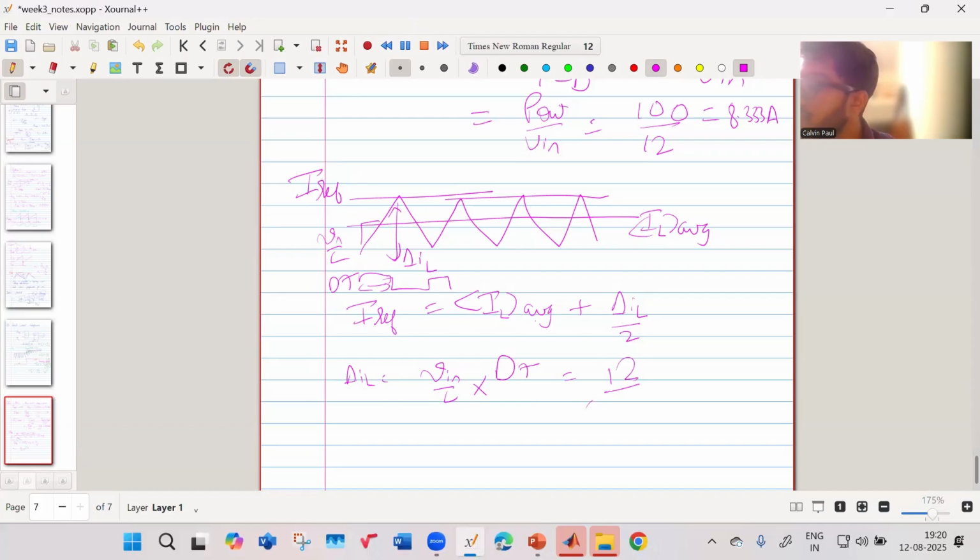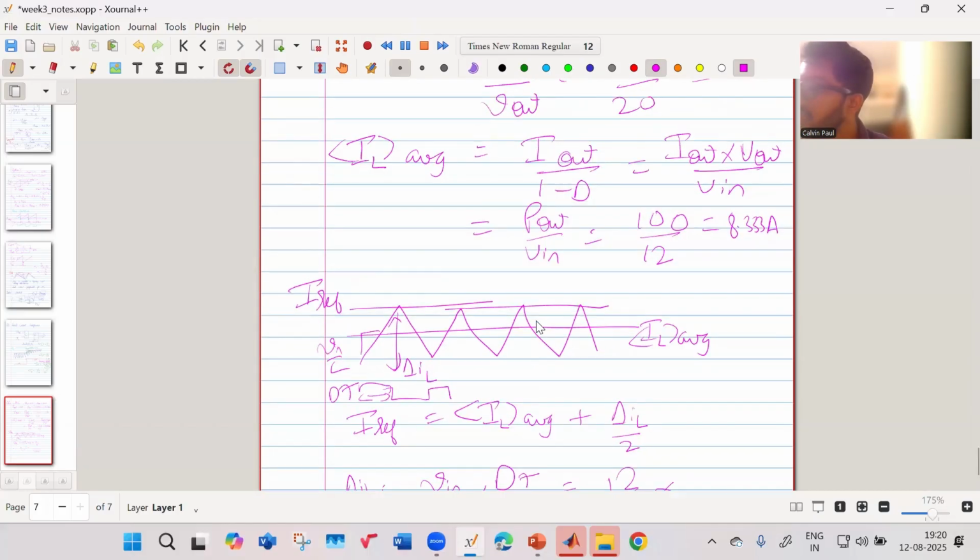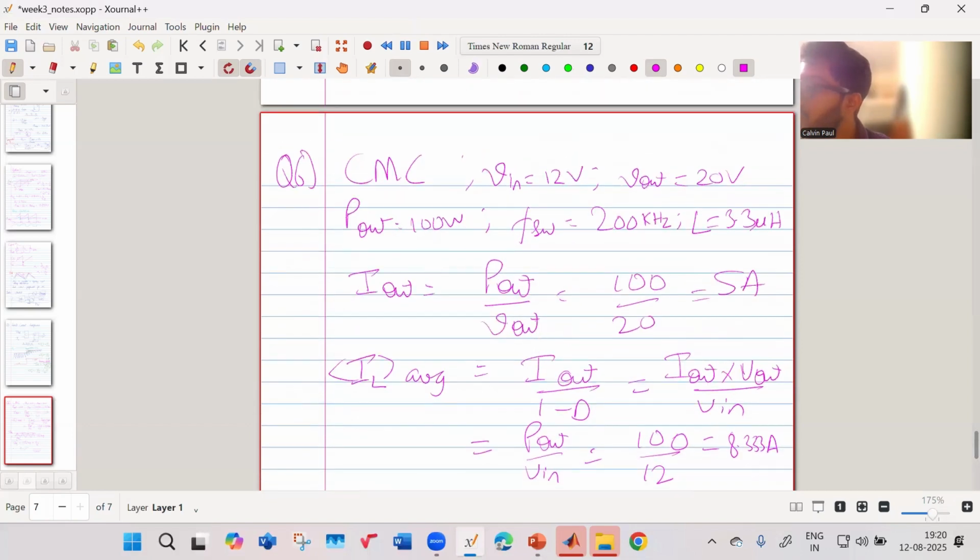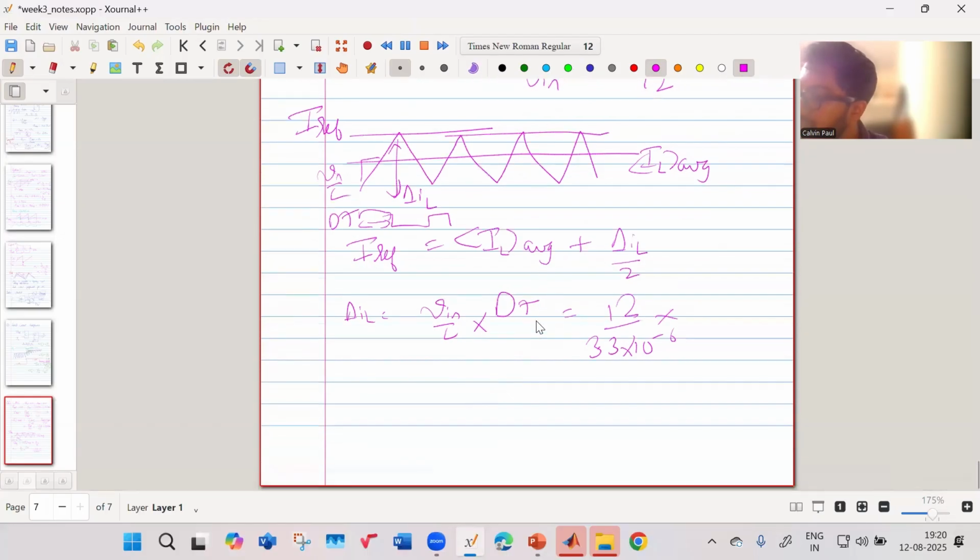So Vin upon L into dt. Vin is 12 upon 3.3 into 10 to the power minus 6 into D. How much is D? What is D? 1 minus Vin upon Vout. So it is 1 minus 12 upon 20, 1 minus 0.6. So it is 0.4.